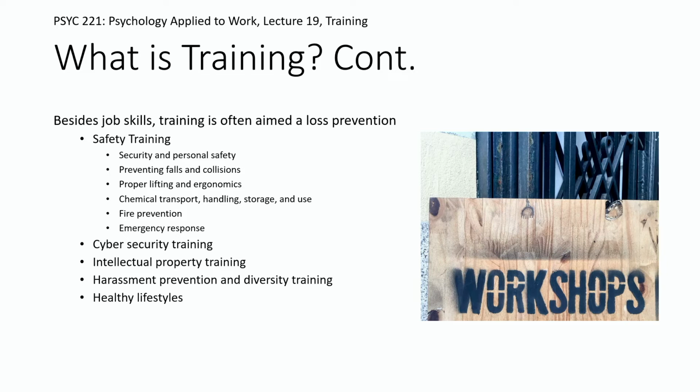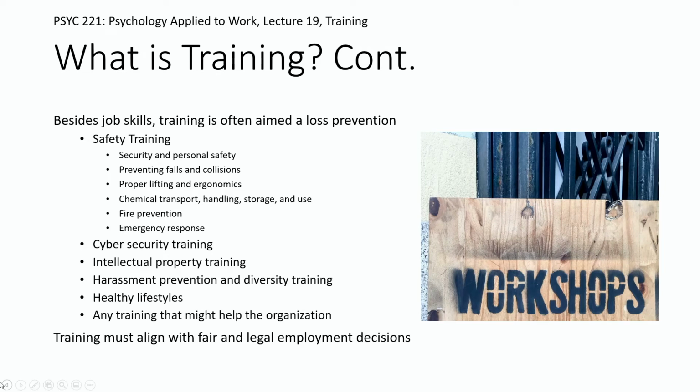By helping their employees be more healthy, it actually reduces long-term costs. Really any training that might help the organization. And of course, anything you do with training has to align with the law. You can't be discriminatory in who does or doesn't receive training along the lines of protected classes.